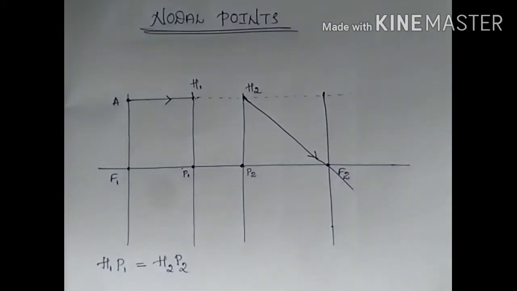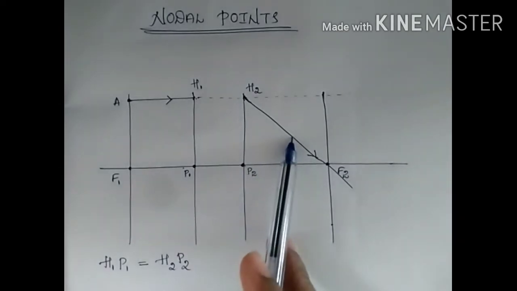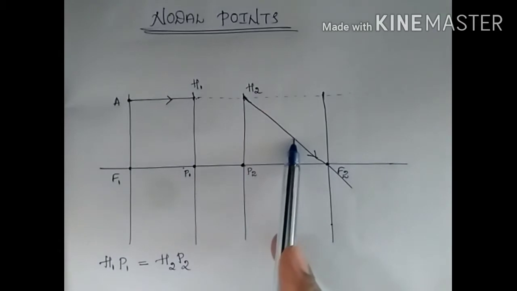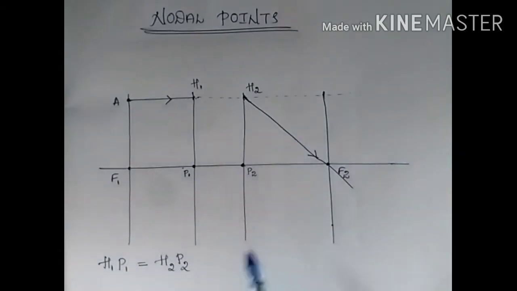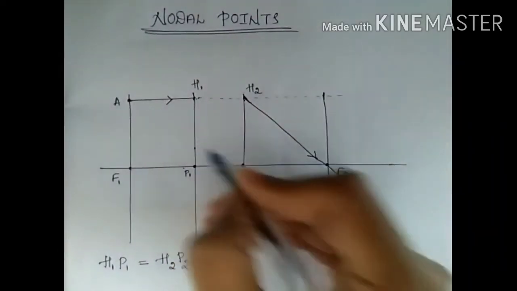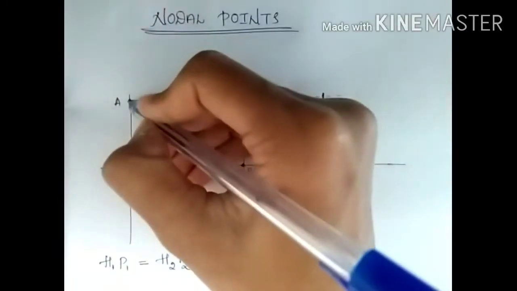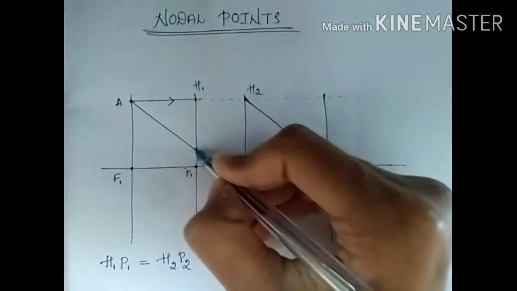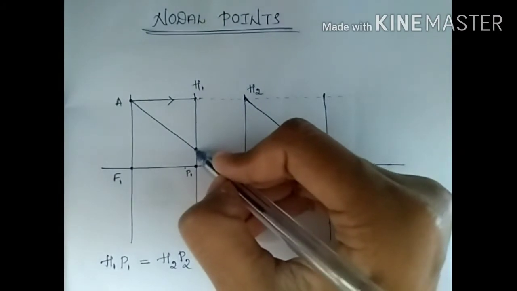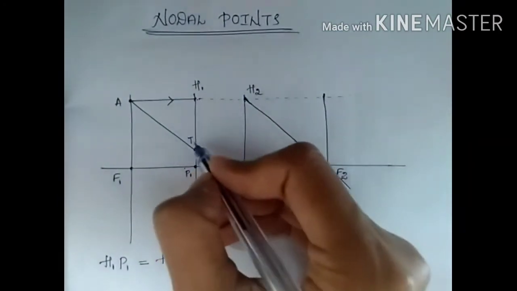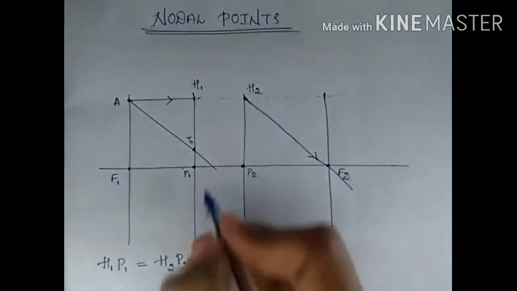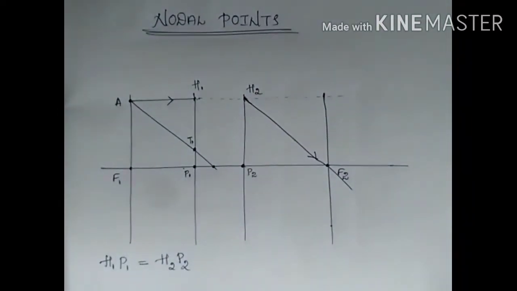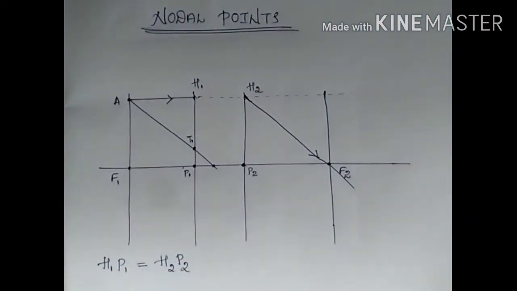Now consider another ray AT1 which is parallel to the emergent ray. So now we have to draw another ray which should be parallel to this ray. That ray is known as AT1. Let's suppose here is the point T, and the ray passes through the point T1. Now this ray will emerge out along T2R.